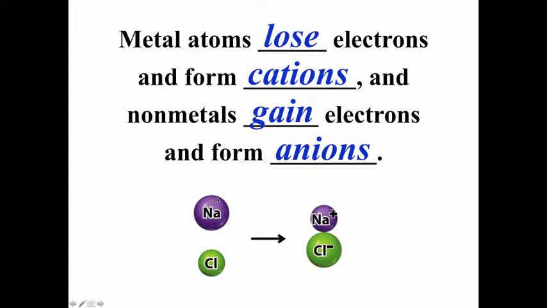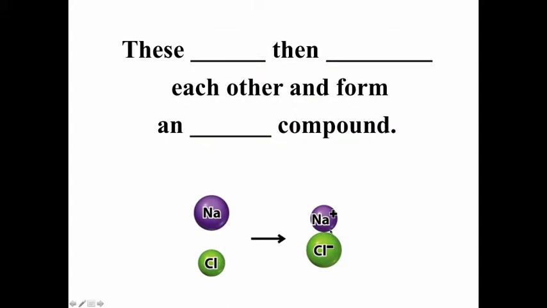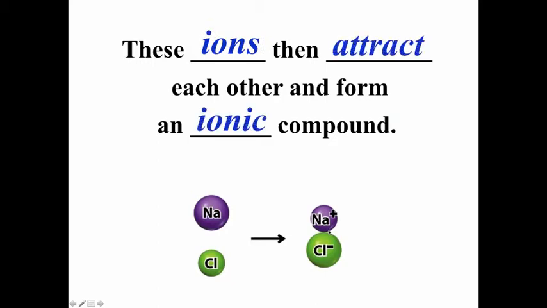And of course, a classic example is sodium chloride, where sodium atoms make sodium ions, chlorine atoms make chloride ions, and then the positive and negative ions attract each other. So these ions attract, and they make an ionic compound.